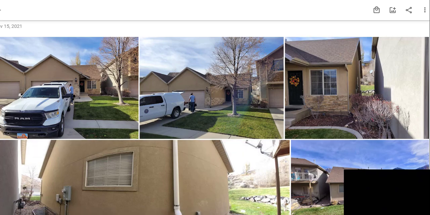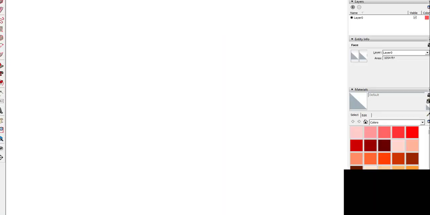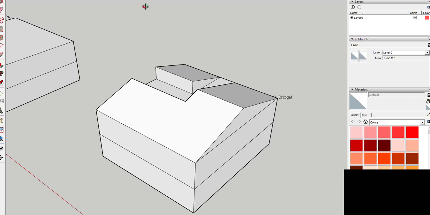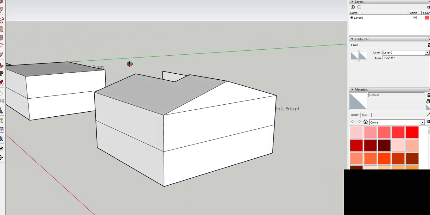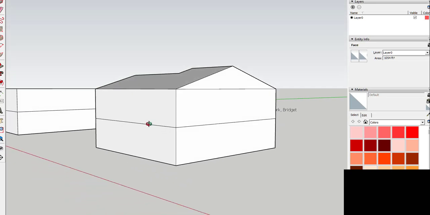So here's my sketch of this house, and you can see that from the side, this is actually a sketch of the pressure boundary. The trusses went up even higher, like right up here.